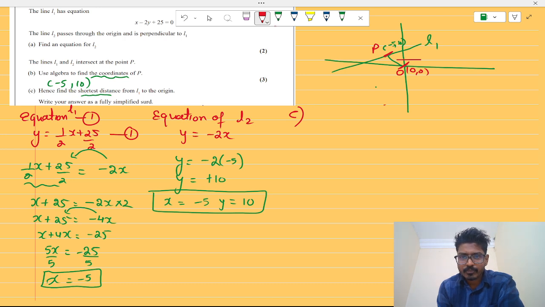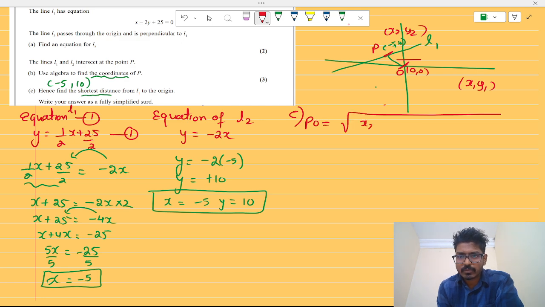We have the two coordinates, which are x1 y1 and x2 y2. We can use the distance formula, that is PO, which is equivalent to the square root of x2 minus x1 whole square plus y2 minus y1 whole square.